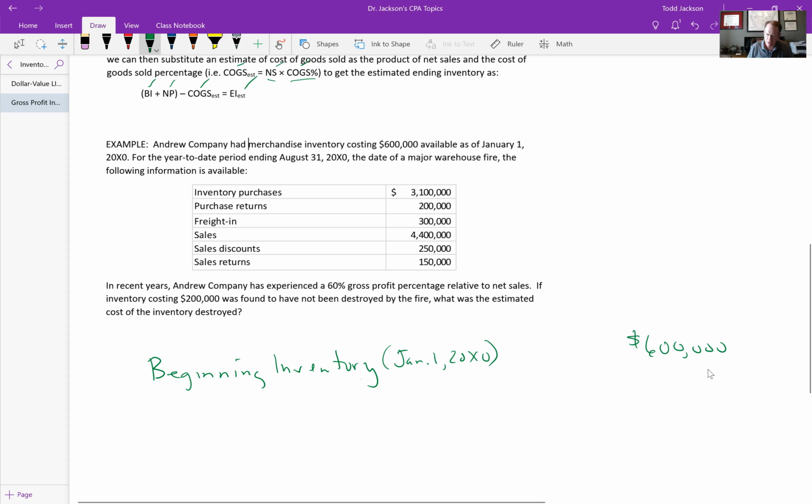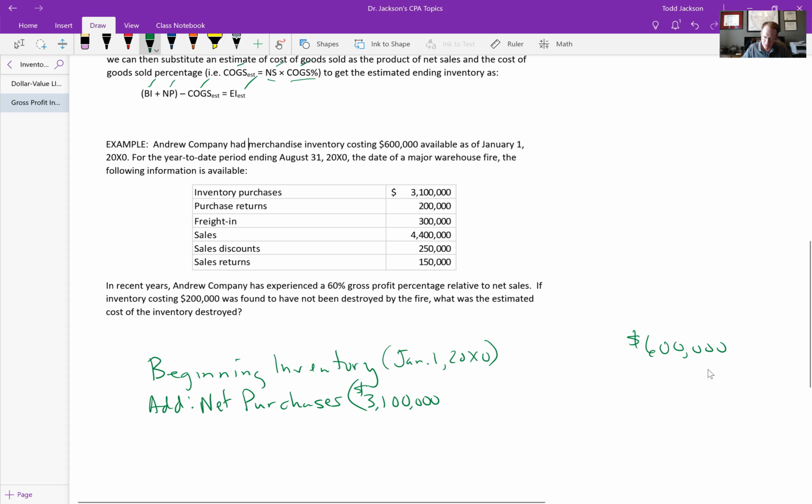Let's add our net purchases. Now we can obtain from the amounts provided the gross purchases, $3.1 million.